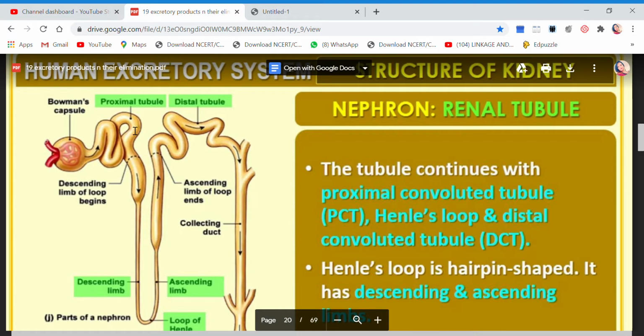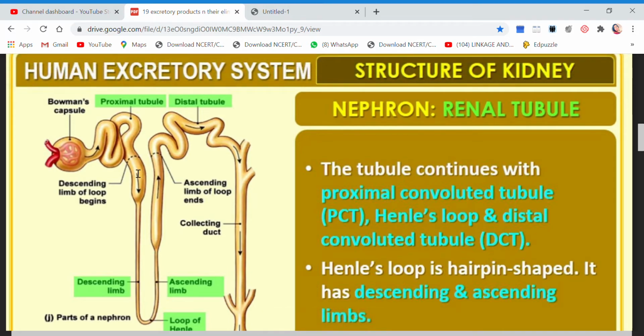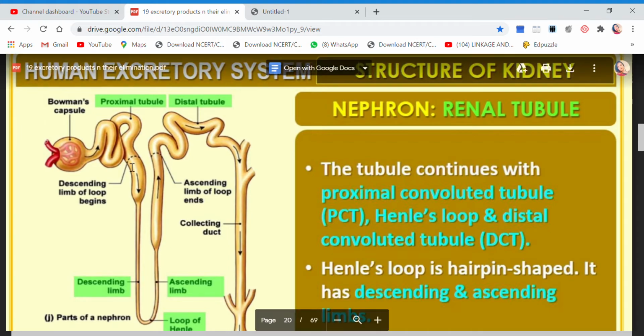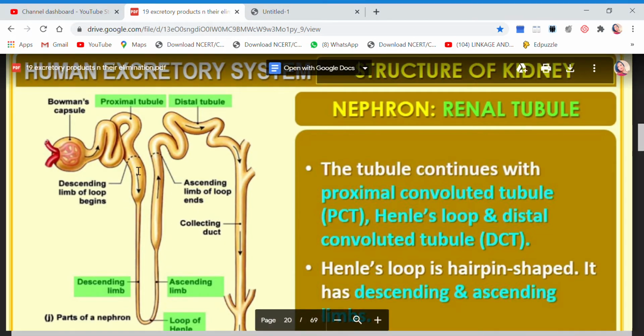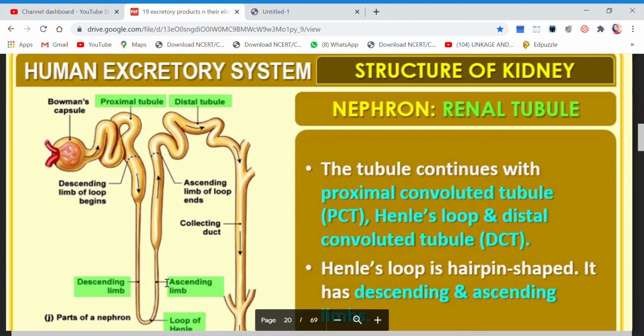Then there is a loop, see, U-shaped structure or loop, we call it loop of Henle or Henle's loop. They have shown you the marking of where to where you have to consider the loop of Henle. So this is loop of Henle, and this side is the descending limb and this is the ascending limb of Henle's loop.